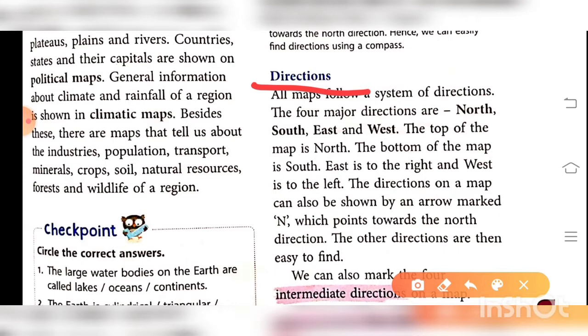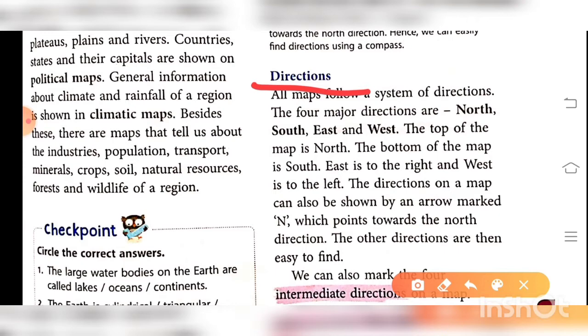All maps follow a system of directions. The four major directions are north, south, east and west. The top of the map is north, the bottom of the map is south, east is to the right and west is to the left. The directions on a map can also be shown by an arrow marked N, which points towards the north.